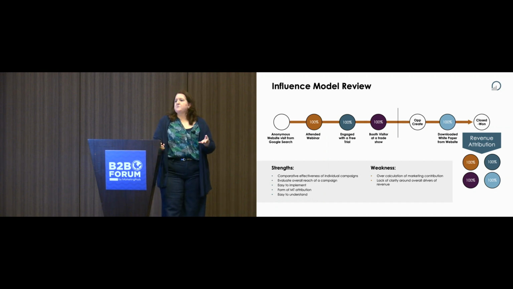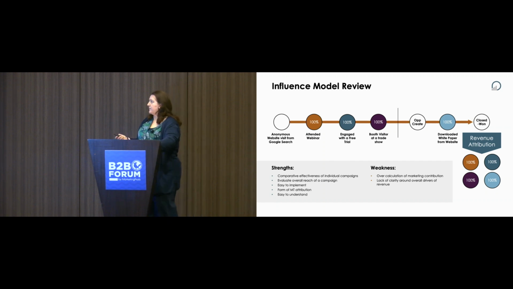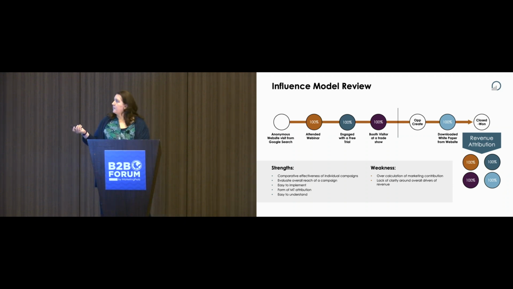If somebody comes to you and says, hey, that webinar that you ran 2 months ago, what opportunities has that influenced? You can tell them a single number, and you don't have to explain how the calculator works in your multi-touch attribution model. And I actually use this model with some very big companies.